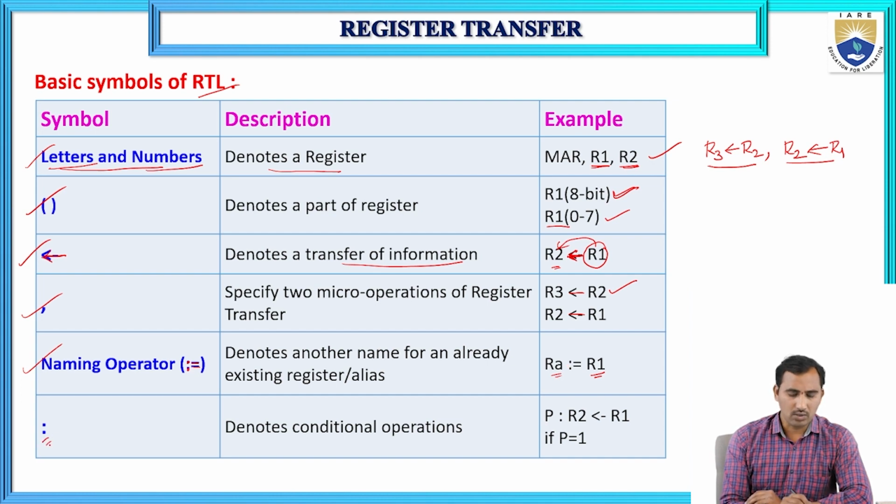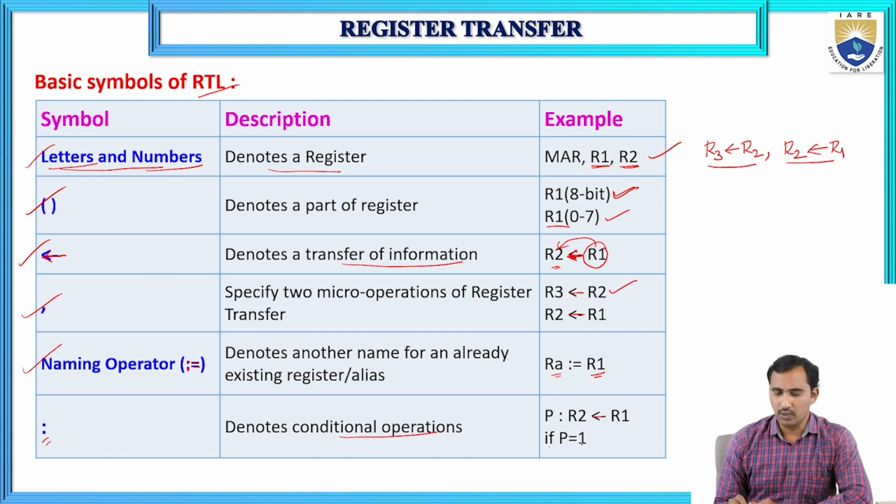That means R1 is the name assigned to the register RA. And next, the colon alone denotes a conditional operation. That means a certain operation will take place upon satisfying the condition. Here you can see the example P colon R2 arrow R1.